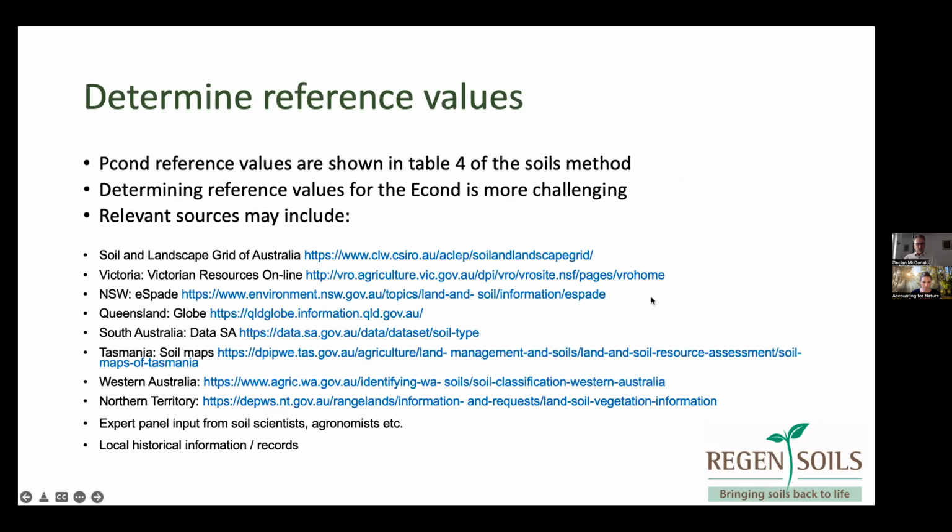So we want to determine reference values now to compare the results we get from the testing against. The PECON reference values are essentially the production condition reference values.